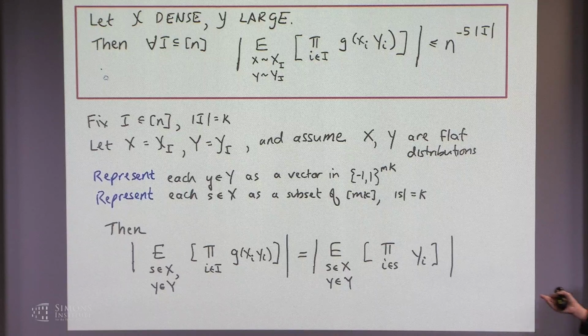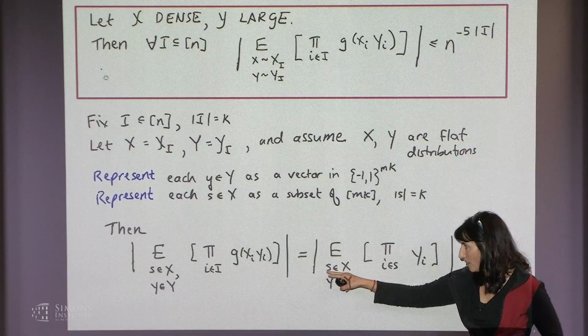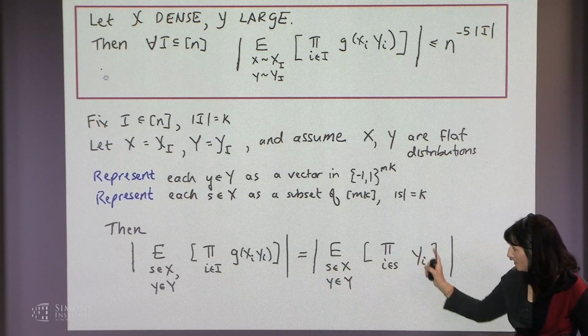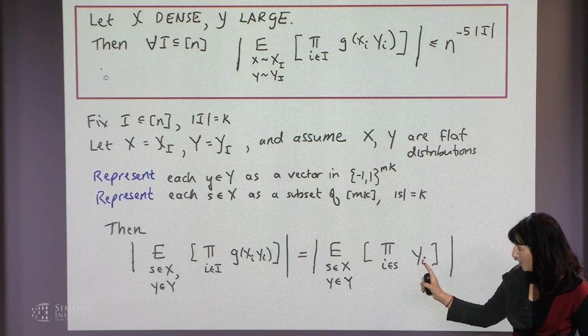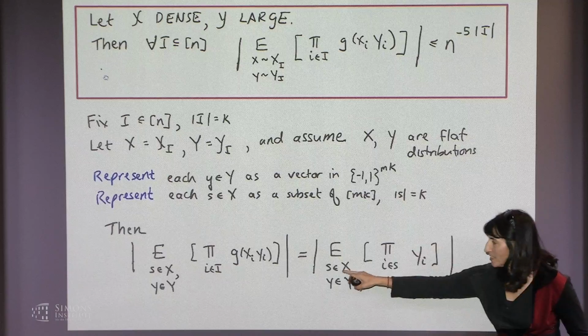In that case, you would pick an arbitrary s from x, an arbitrary y from y, and here we're looking at the value of the gadget on each of those places pointed to.